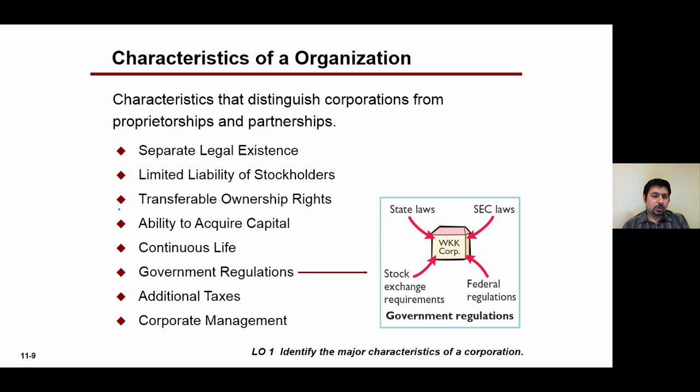However, corporations also have some disadvantages. For example, they have to follow additional government regulations. For example, state law defines the requirements for issuing stocks and the effect of retiring stocks, paying shareholders back some earnings, etc. Federal regulations govern the trade of stocks, for example, sale to the general public.